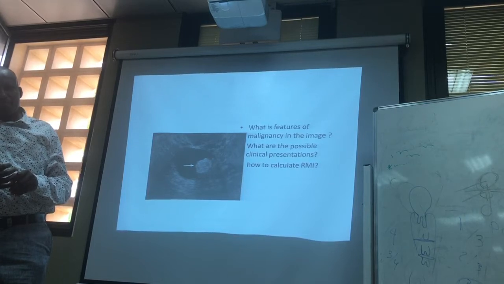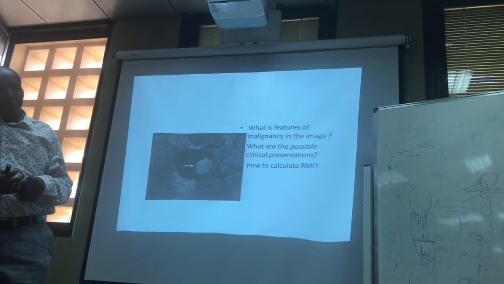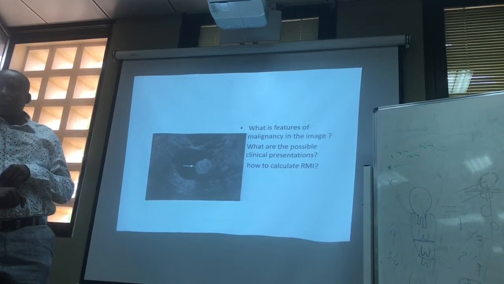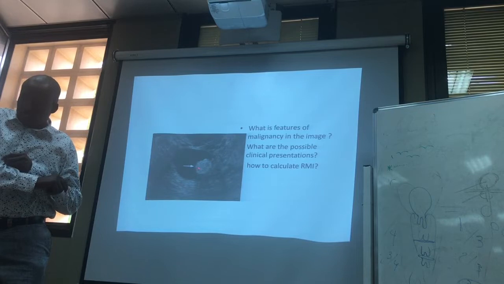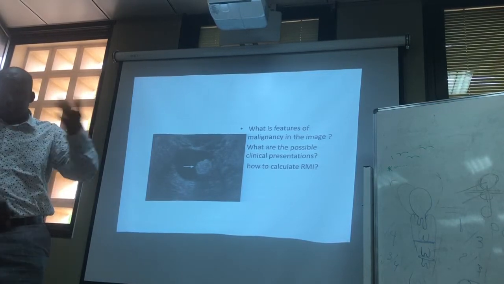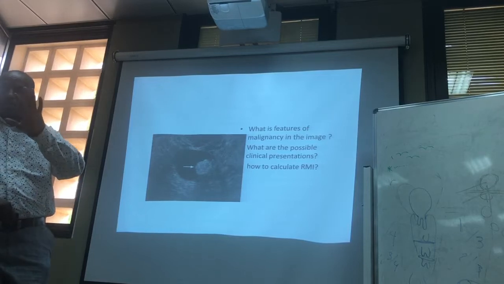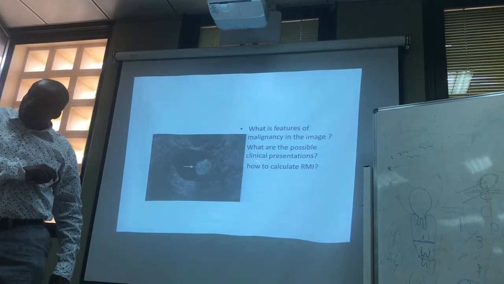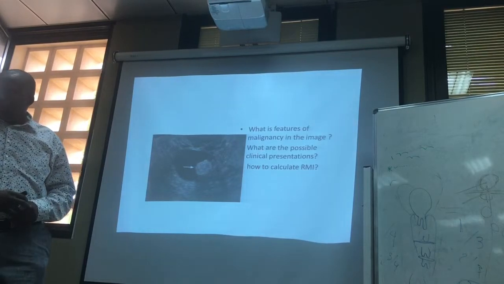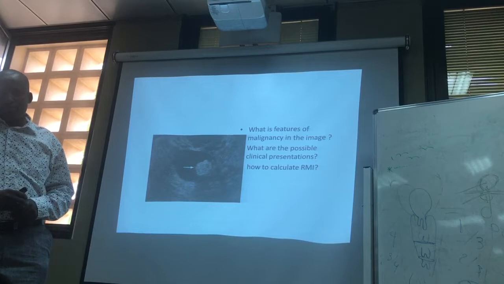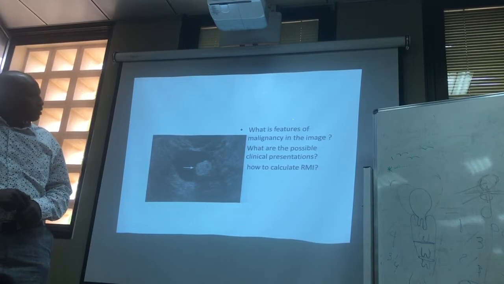Ascites. Okay. Here the question only asks about the arrow, the solid component. These other features are not asked here. If I write solid only, it's okay. You give yourself that mark.